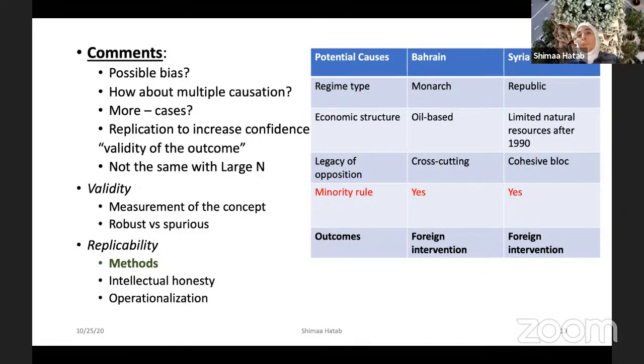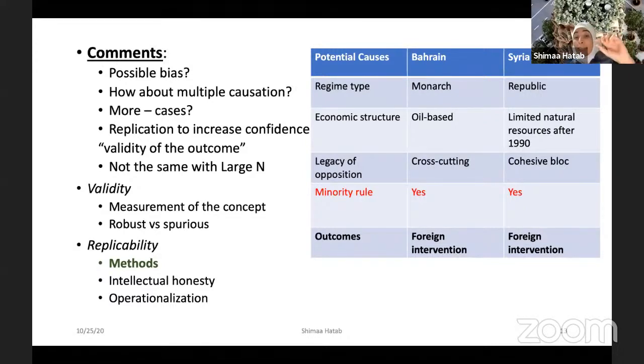The legacy of opposition: in Bahrain, Sunni and Shia opposition is cross-cutting, so it's not only Shia opposing Al-Khalifa, but even Sunni might oppose Al-Khalifa as well. In Syria, the opposition is only Islamists and the Brotherhood, a cohesive bloc that would form a threatening force to the Ba'ath party in Syria.